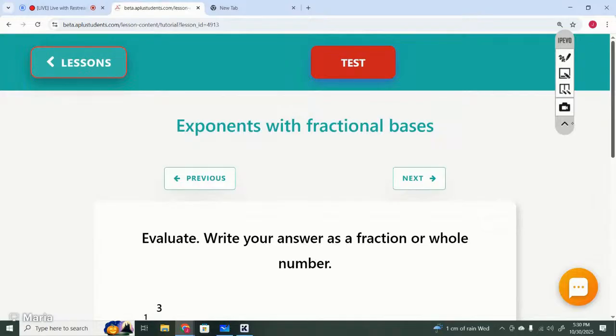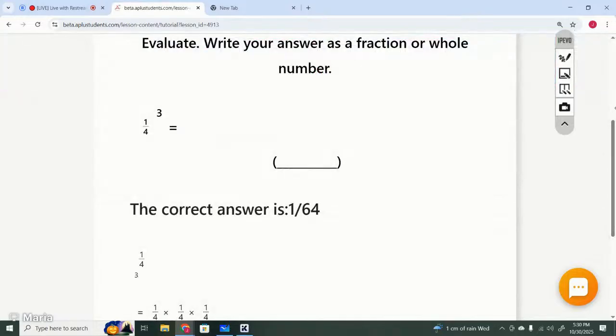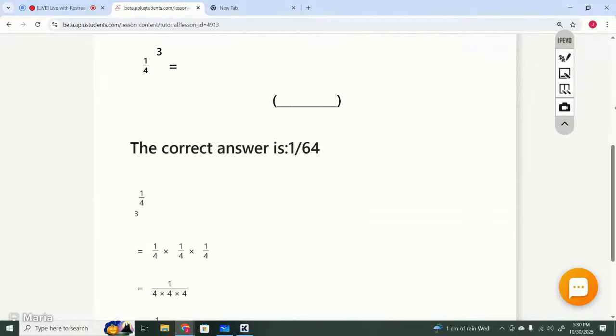Write your answer as a fraction or whole numbers. 1 by 4 cubed. So you have to multiply the numerators 3 times and the denominators 3 times.